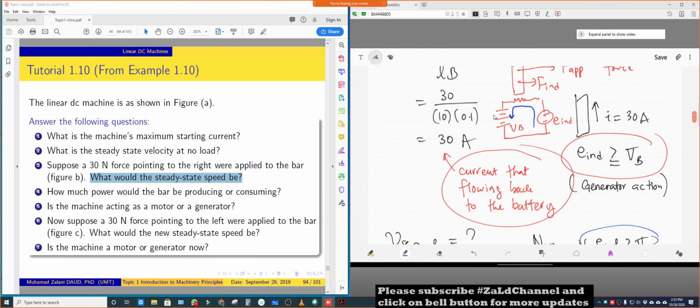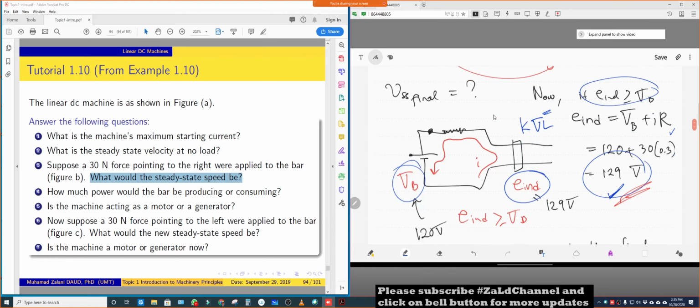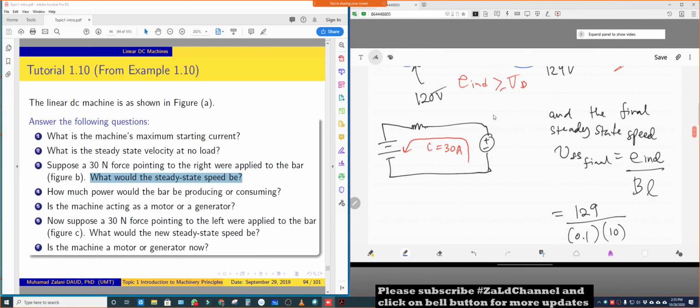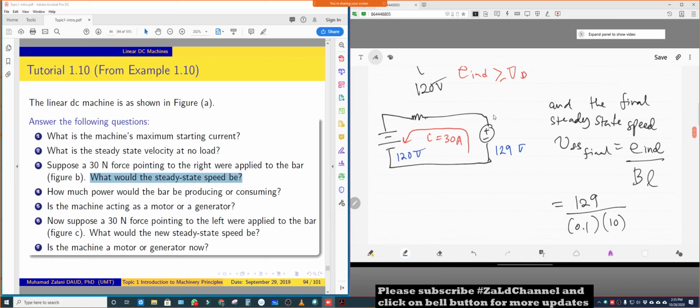Just now we got the current, and we have the induced voltage 129 volt. 30 amperes of current, this is 129 volt, this is 120 volt. 30 amperes of current is flowing into the battery.